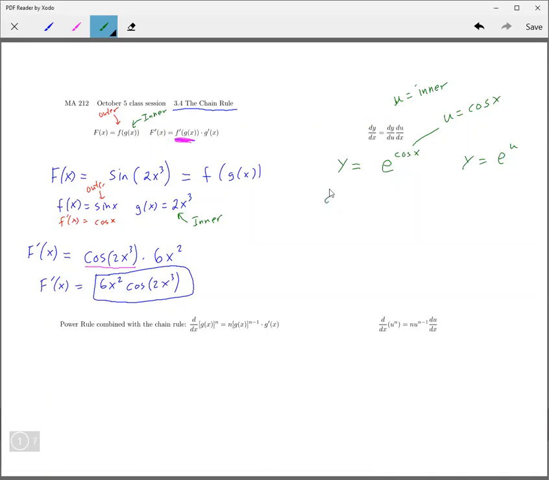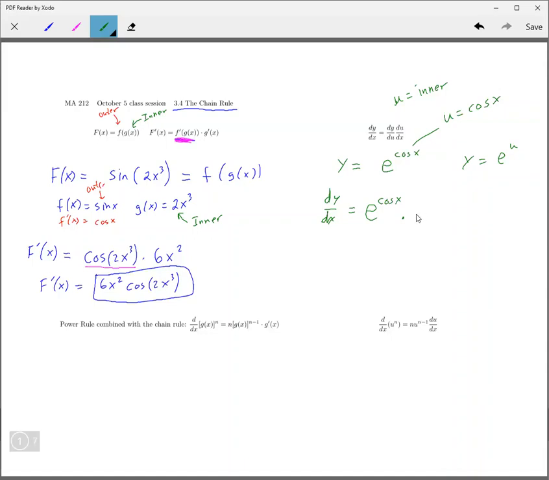So dy dx is going to be the derivative of y with respect to u. The derivative with respect to u of e to the u is e to the u, but you put the cosine x back in for the u. Then you multiply by the derivative of cosine with respect to x.